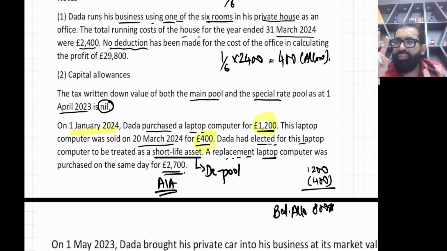So in this paragraph, we studied two things. Number one, the first is the balancing adjustment. You bought the asset for 1200 in the same period and you sold it for 400 in the same period. So 12 minus 4 is 800, and this asset did not go in the main pool or general pool. We did depool it.